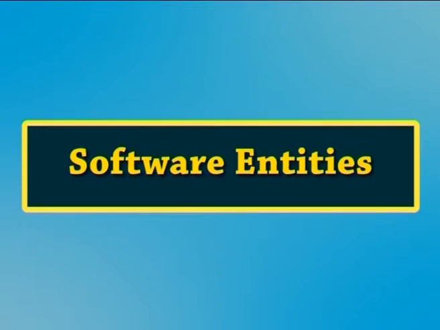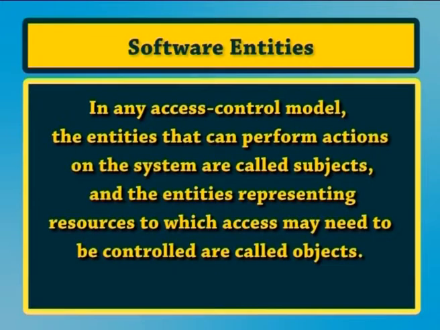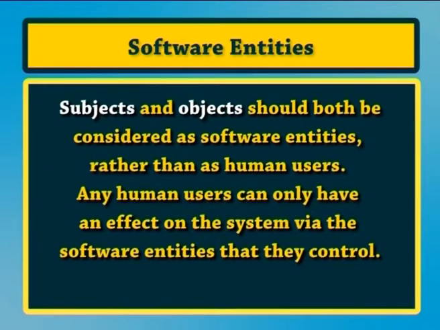Next is software entities. In any access control model, the entities that can perform actions on the system are called subjects, and the entities representing resources to which access may need to be controlled are called objects. Subjects and objects should both be considered as software entities rather than as human users. Any human users can only have an effect on the system via the software entities that they control.